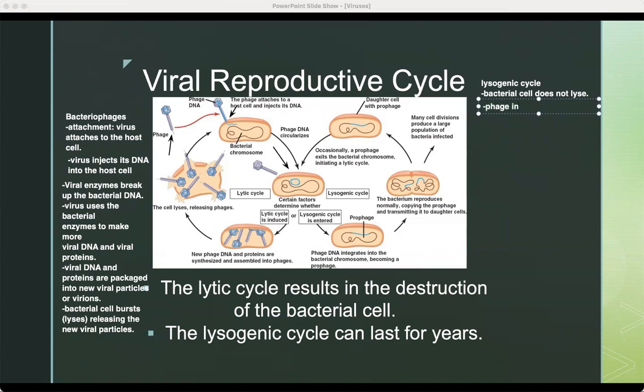So phage attaches to bacterial host. Viral DNA is injected. But if the lysogenic cycle is entered, then the viral DNA integrates, or combines, into the bacterial DNA. Now, this viral DNA is called a prophage when it's in the lysogenic cycle.